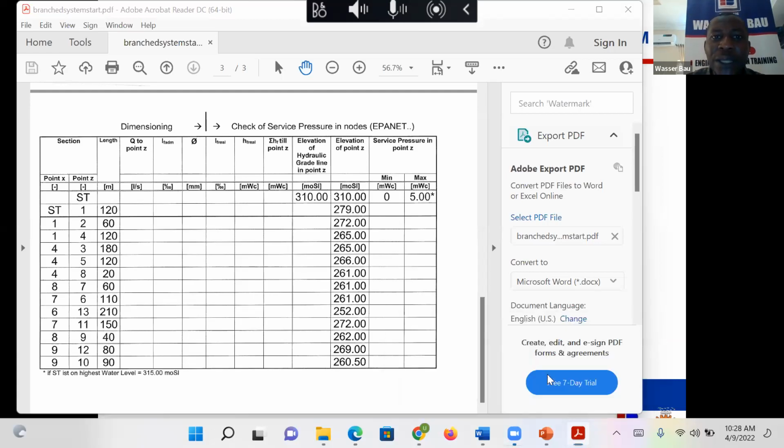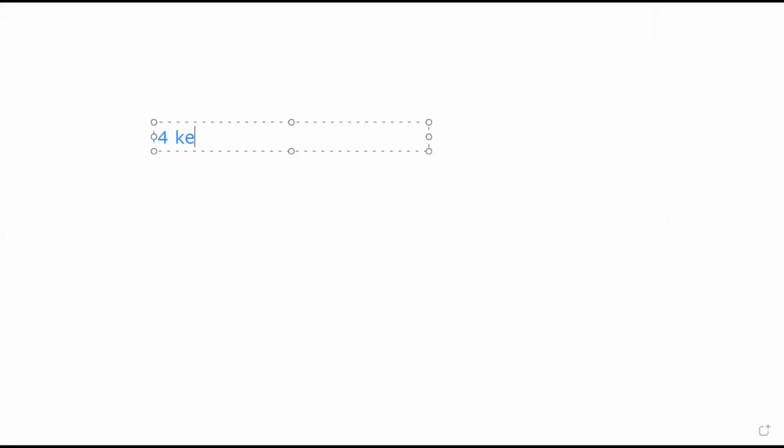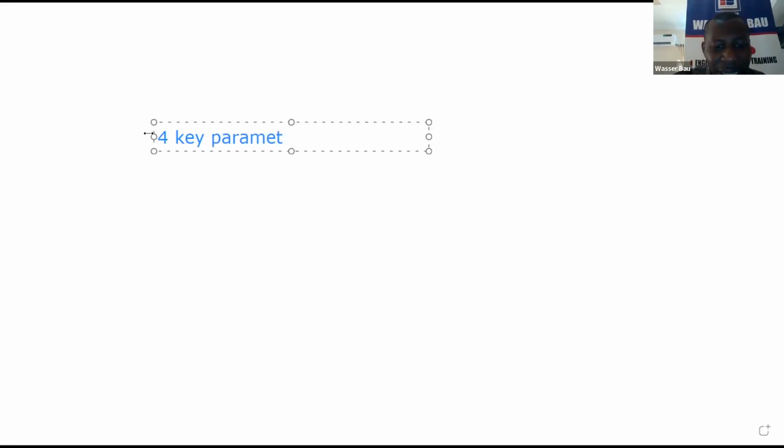So in any pipe network system, stay with me, there are 4 key parameters. You need 4 key parameters to design any pipe network system. What we're trying to do here in essence is to design the hydraulics of a pipe network system, but before you design the pipe systems, there are protocols, things you need to do.